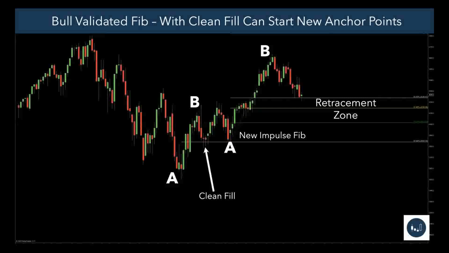We've actually had a lot of action here recently within this zone. And we'll see, when I get to some of the lower time frame charts, how it's kind of filled out a little bit more. But this is a validated fib, again, because I have a clean fill off of my first AB, low to high fib there.